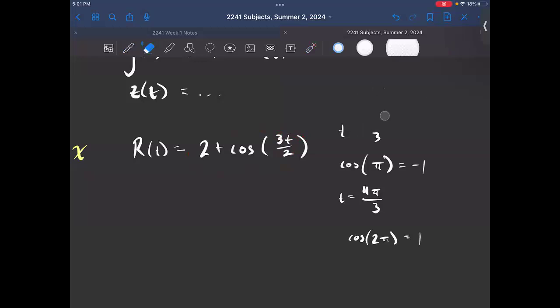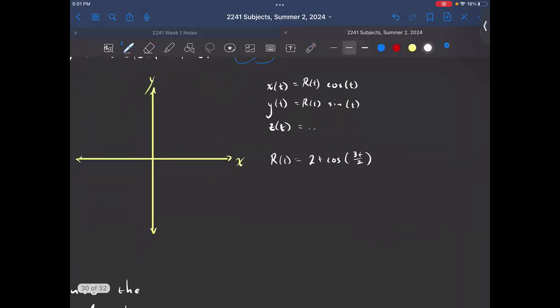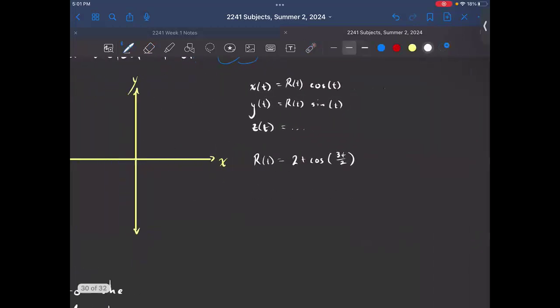All right, and that is what's going to go into our parametric equations right up here. So our trefoil gets the equations.